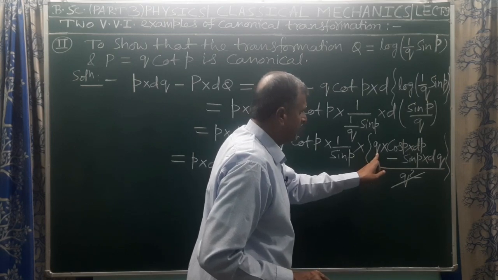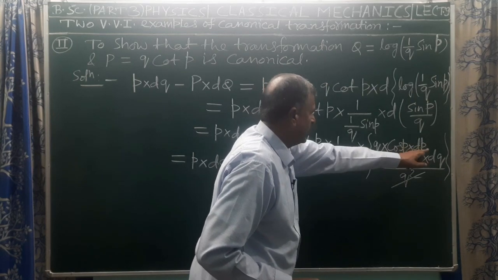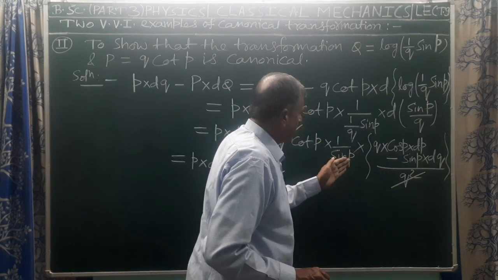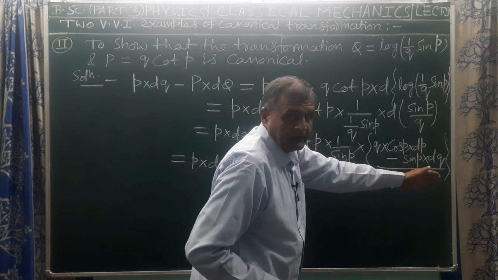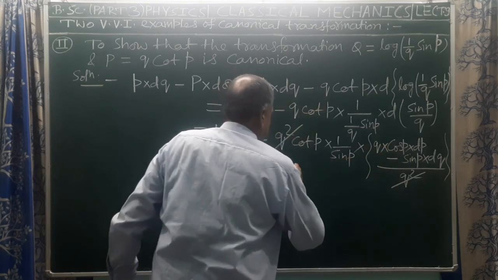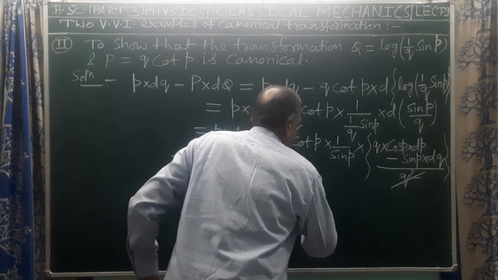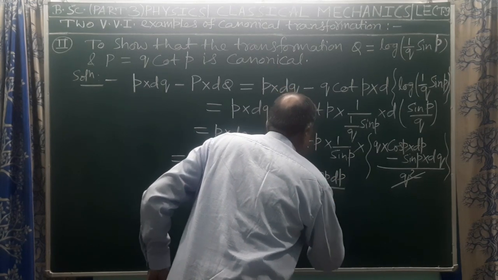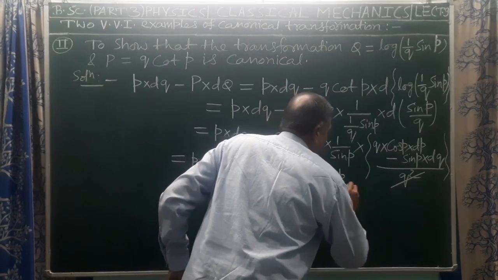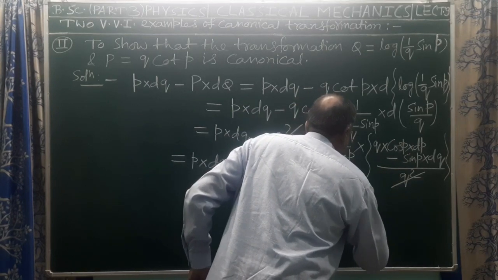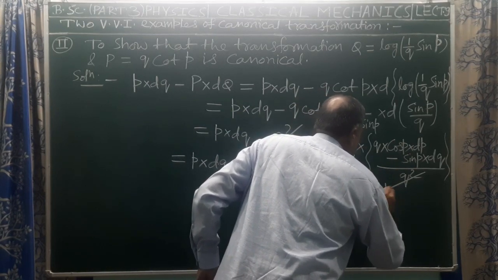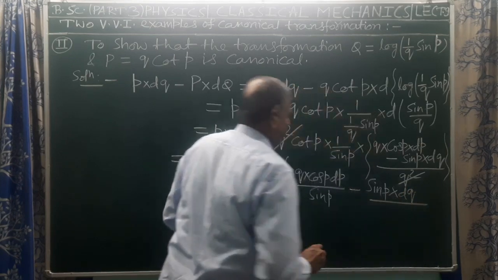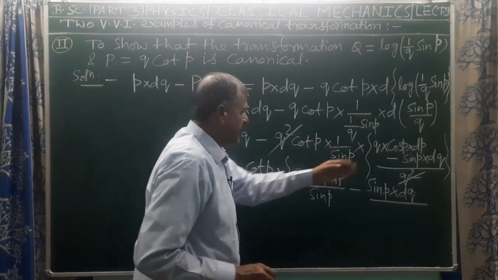The first term is small q cos p into dp divided by sin p. Now taking sin p inside the denominator, we can write q into cos p dp upon sin p, minus, the second term is minus sin p multiplied by dq divided by sin p.